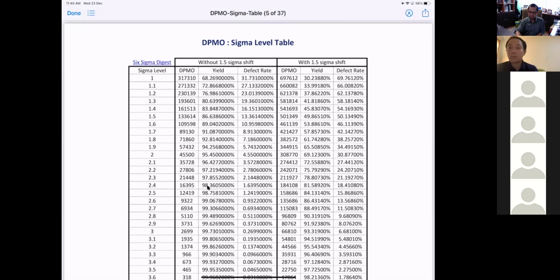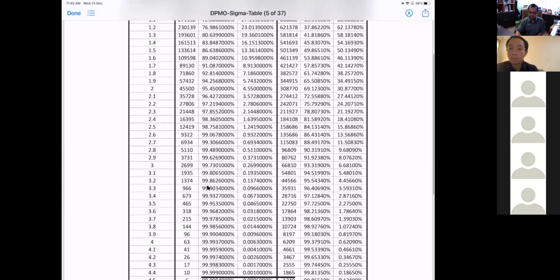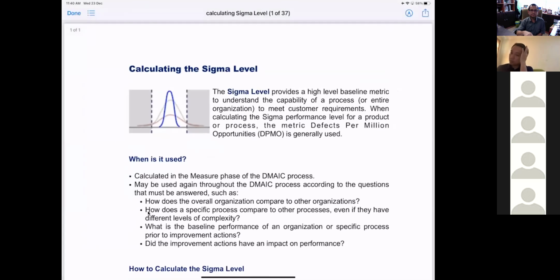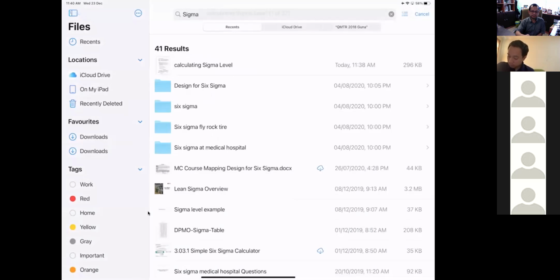So this one here is 1.8 something, in between 3.5 to 3.6. So it's good, it's better, although it is not 6 sigma. Sigma level is 3.6.